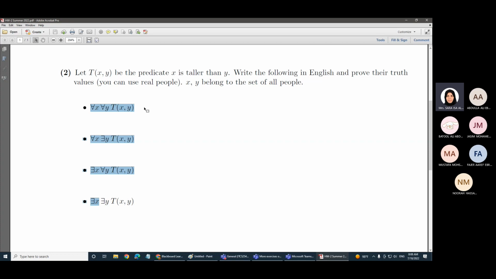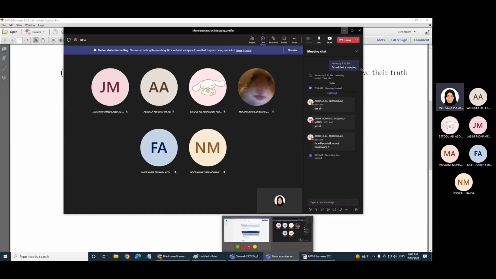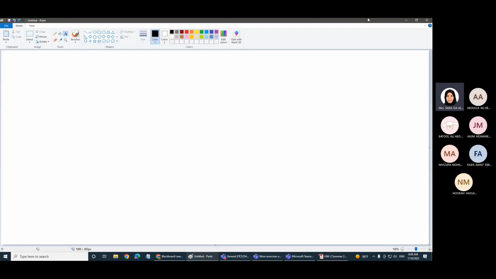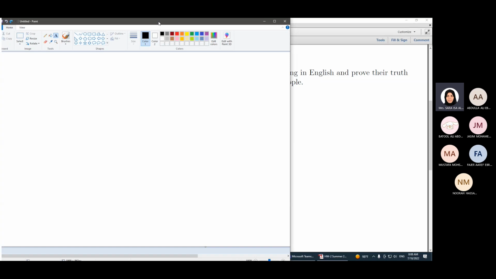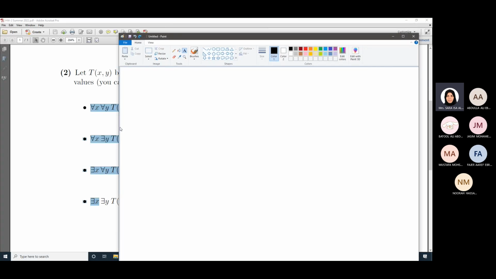Actually, you have only the connector predicate. So to write it in English first, let me use Paint here. I will not solve it on this predicate. I will give you another predicate because I don't want to solve the exercise itself, but I will give you something similar.